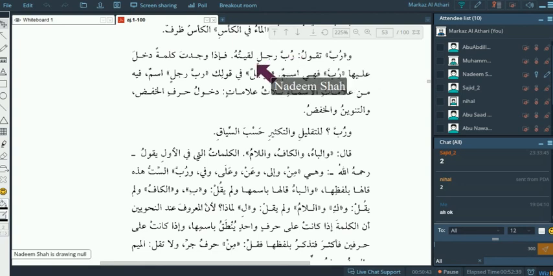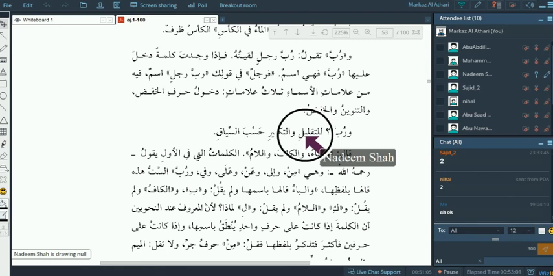The first is the harf al-jar, and the other is that the kasra is actually tanween. Rubba rajulin has 3 signs.